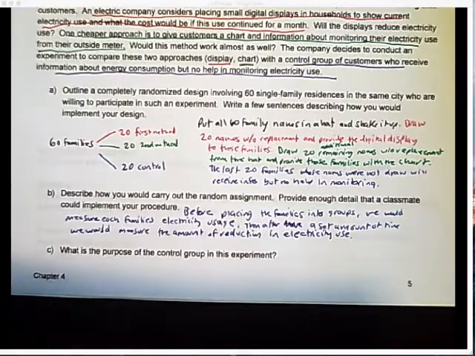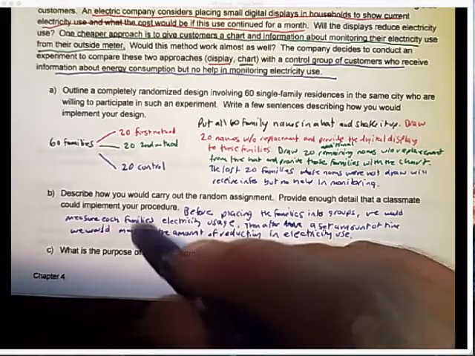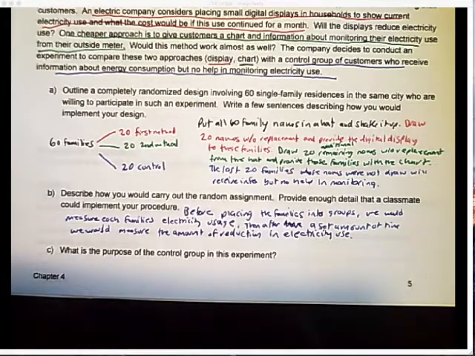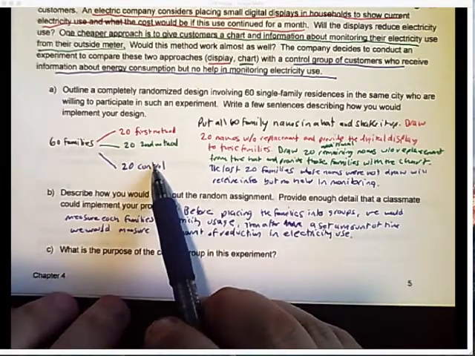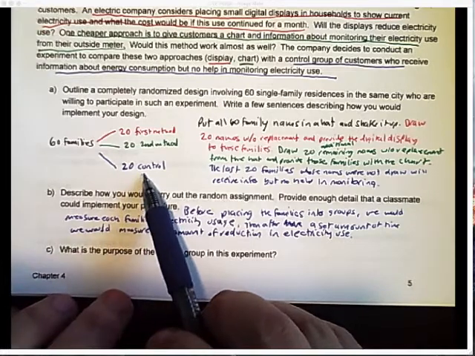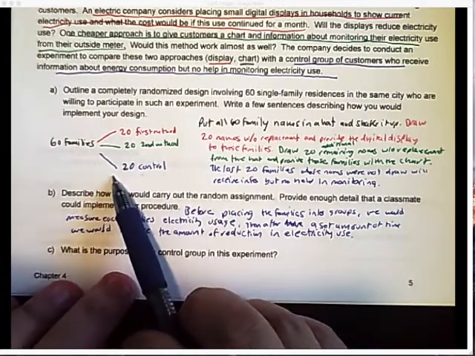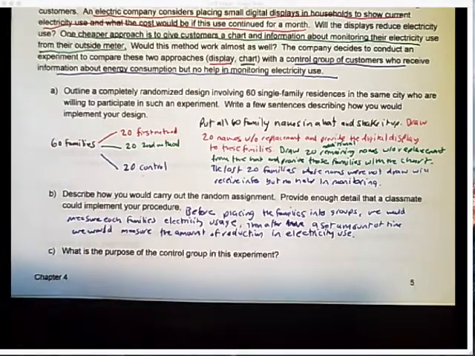Okay. So the last question here, it says, what is the purpose of the control group? Why do we have to have this control group? Because in any type of experiment, it's important to have a control, because these people know that they're participating in an experiment. They might be subconsciously wanting to reduce their electricity output because they know they're in an experiment. There's some sort of psychological effect going on.